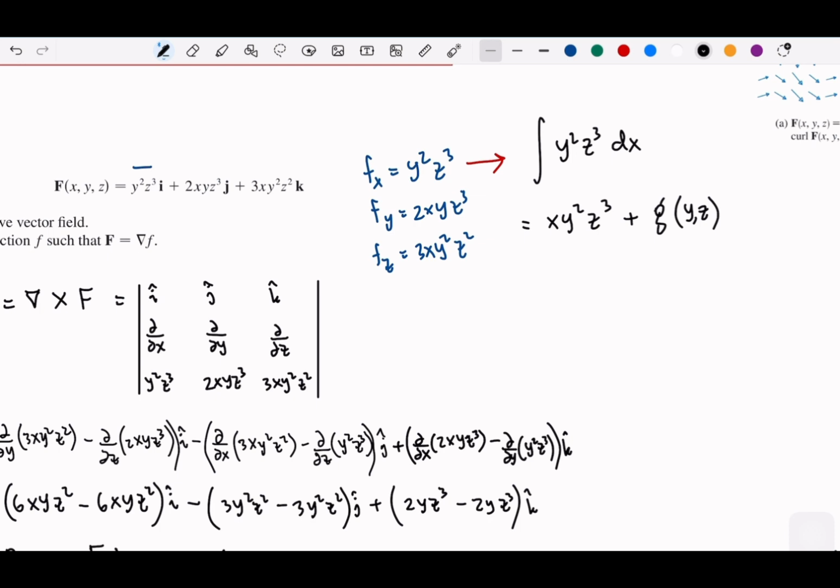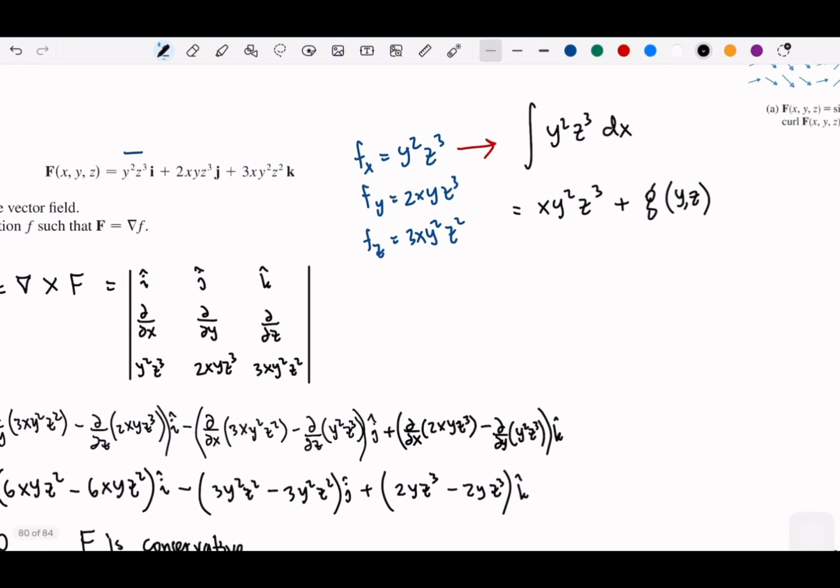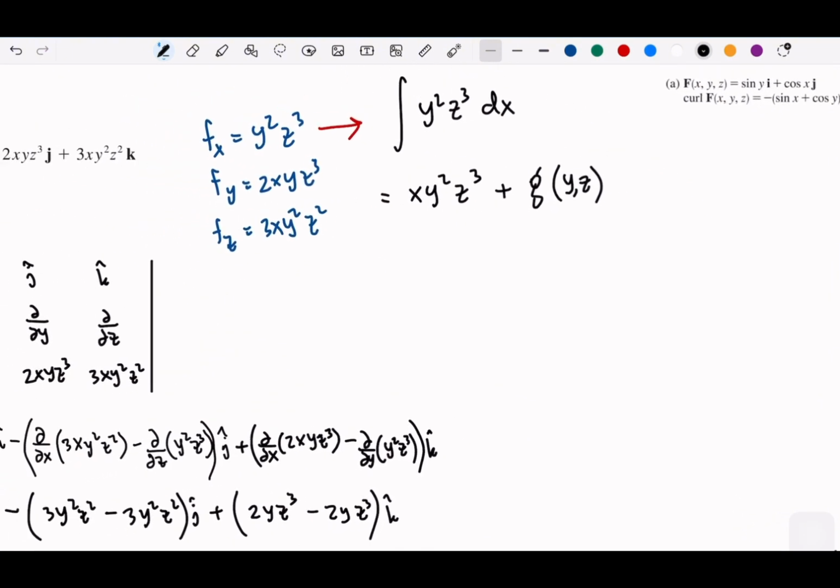So we have two layers to solve. We need to solve for this g, and basically we are going to compare the partials. This is our proposal for f. So this is supposed to be our function.